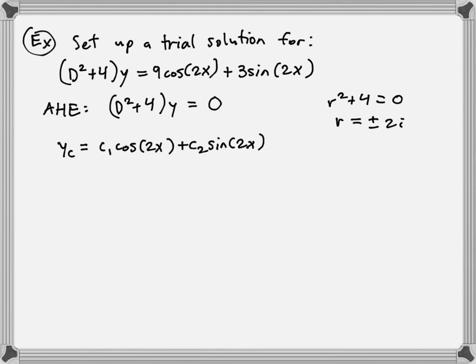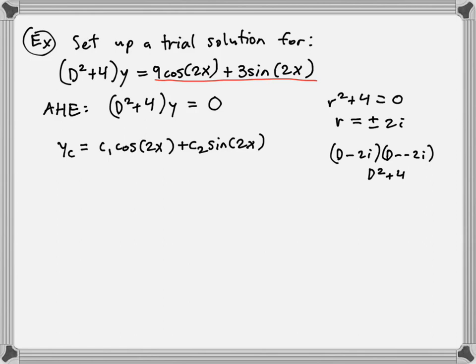Now we're going to apply the annihilator. Let's think about what annihilates this. Notice that that's a cosine 2x and that's a sine 2x. So what's going to annihilate that is exactly d minus 2i and d minus 2i bar, which is really d minus negative 2i. It's going to be the exact same thing that we already have on the left, because that multiplies to d squared plus 4.